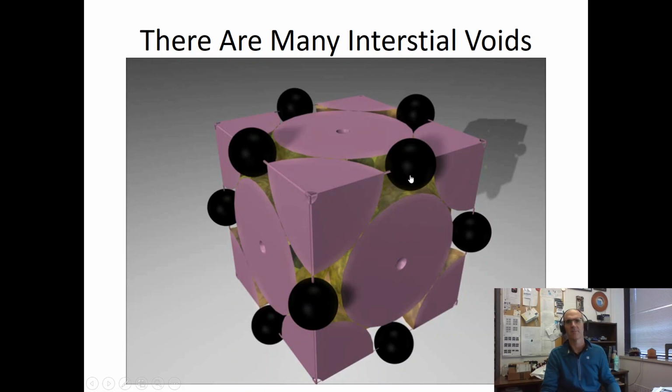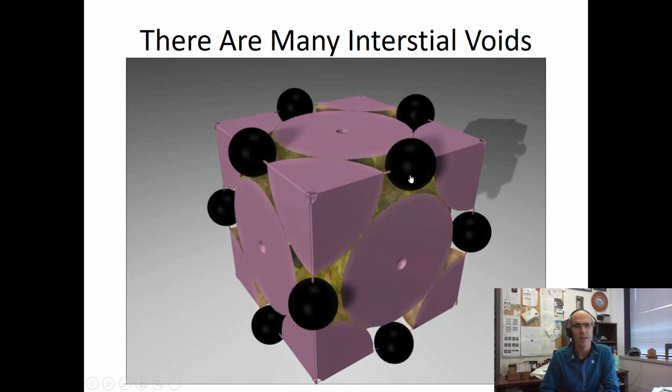So the carbon atoms slip right in here, and it's like throwing baseballs into that bucket of basketballs. You can actually fit the baseballs in between the basketballs without having to rearrange the basketballs. Now you couldn't do that with the arrangement that we had at the lower temperature.